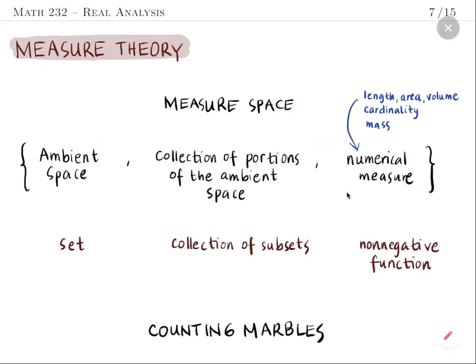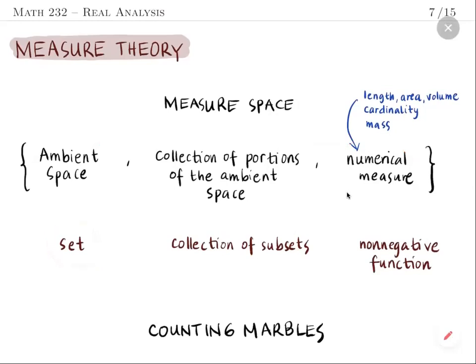The appropriate mathematical objects that would describe these three components are the following. Here, the ambient space will be modeled to be a set, and the collection of portions would be a collection of subsets of the set corresponding to the ambient space.